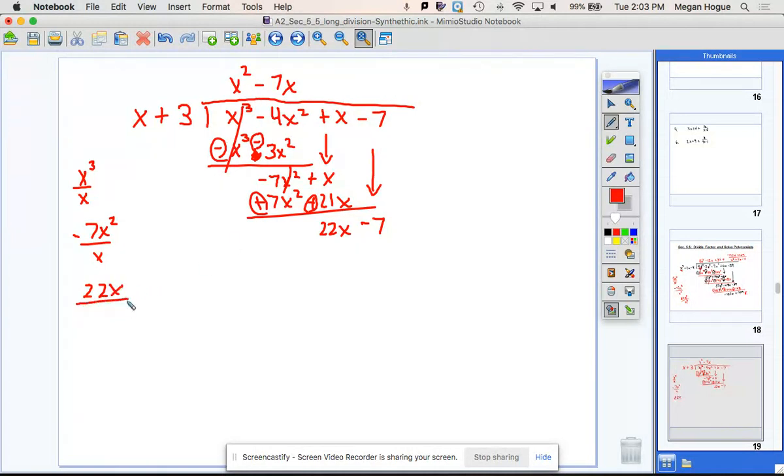So 22x divided by x, 22. Should be fun. No, it's not too bad. So 22x plus 66. Change my signs. What is that? Negative 73? Mm-hmm. Thank you. So plus negative 73 over x plus 3.